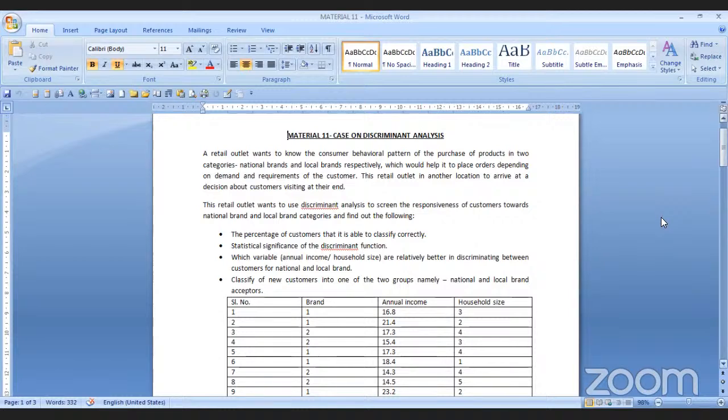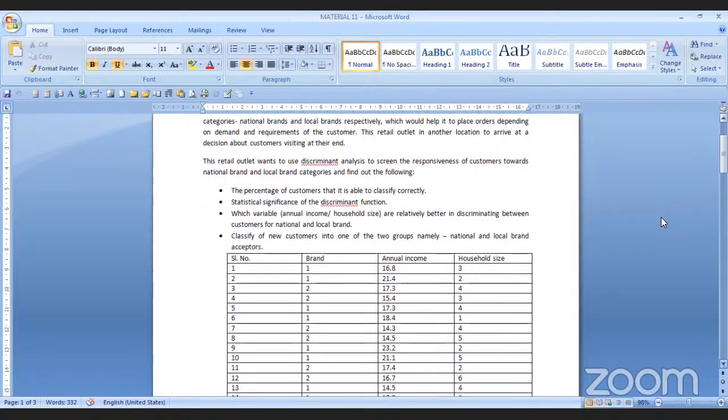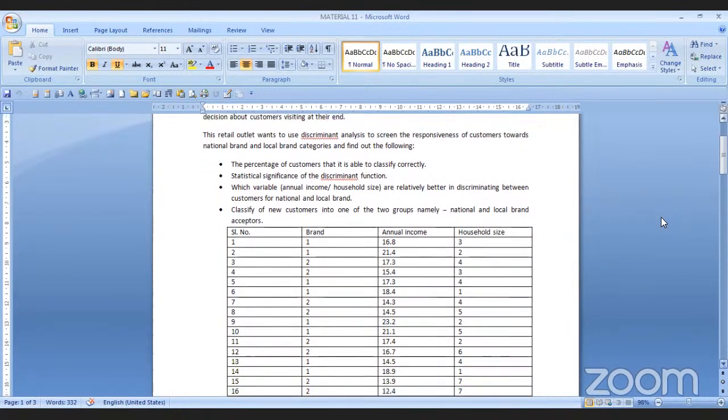Suppose there are two variables, you can find out which is more important. First you have to predict, then classify whether the new customer is choosing national brand or local brand.